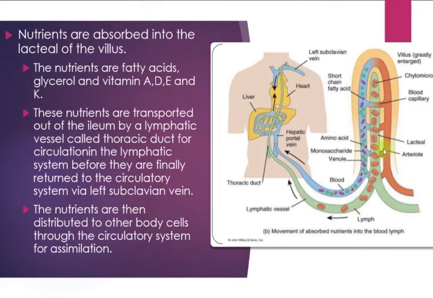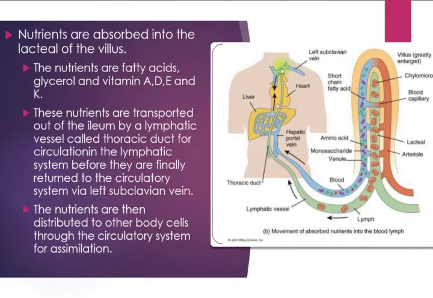Okay, I repeat. The fatty acid, glycerol, vitamin A, D, E, K that are absorbed into the lacteal of the villus will be transported to a lymphatic vessel called the thoracic duct. And then the thoracic duct will transport the nutrients to the blood circulatory system, and will finally return them via the left subclavian vein.